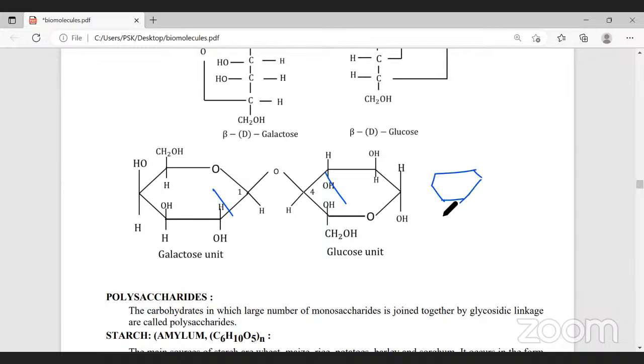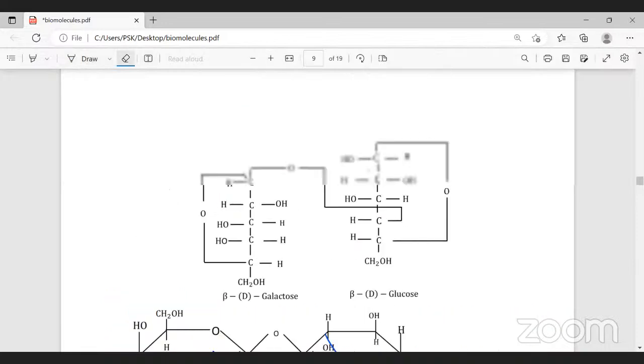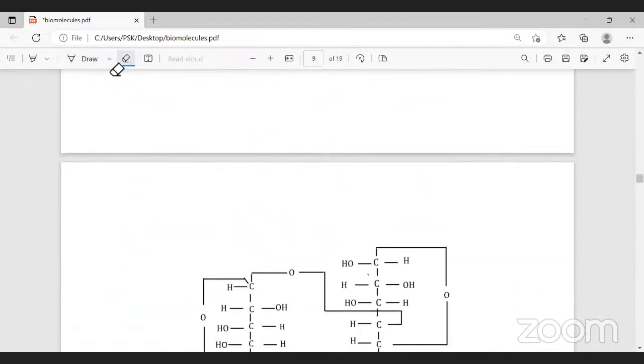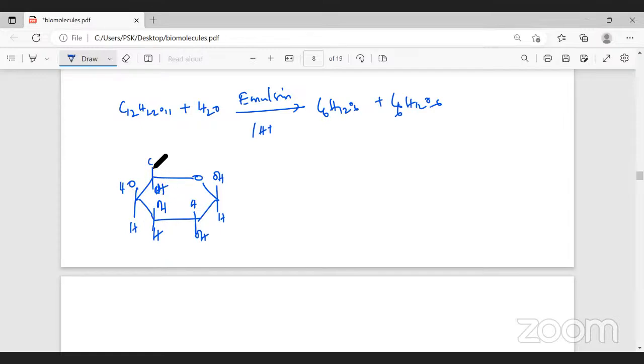Sorry, I will write it neatly in some other place, a larger space. So we will write the structure of galactose, a pyranose ring. It's carbon 1 and 5. So we will write this as OH, and this is H, and this is H, and this is OH, and this is OH, and this is H. This is OH, and this is H, and this is H, and this is CH2OH.